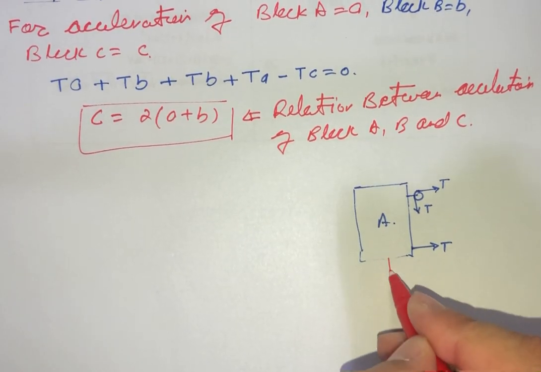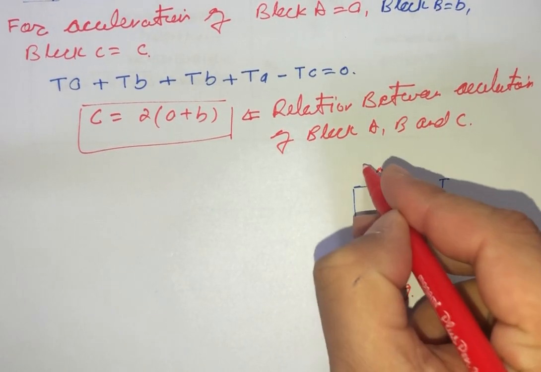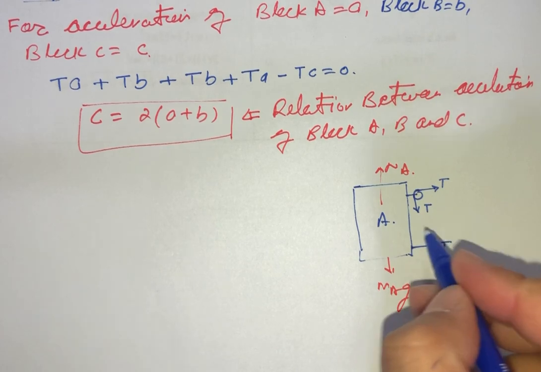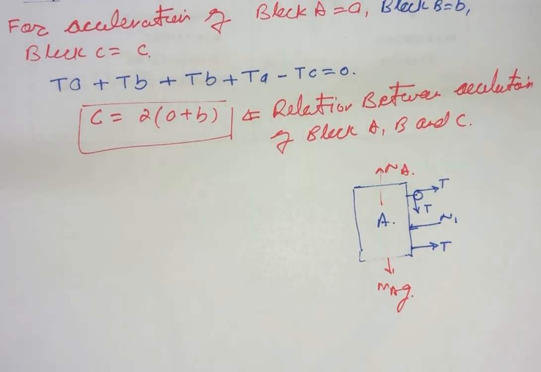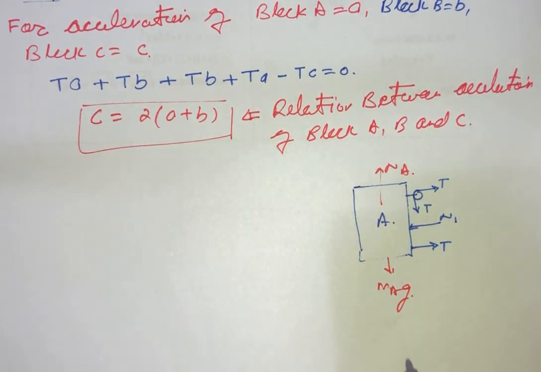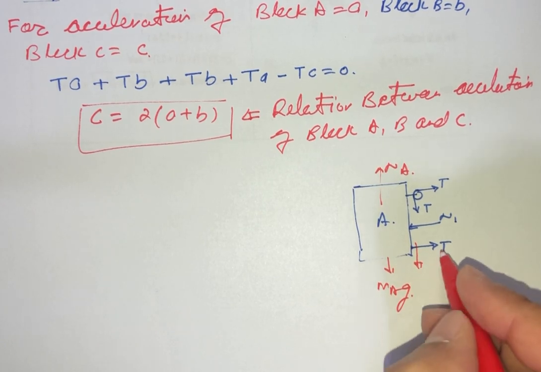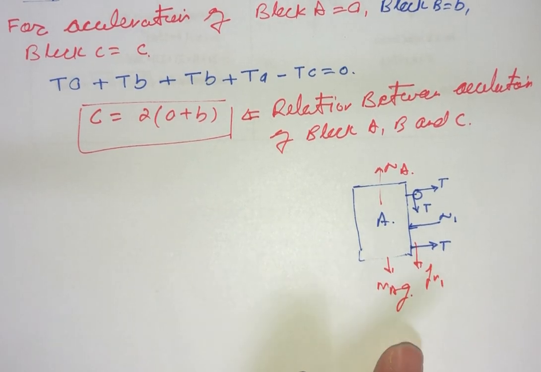In the downward direction we have MAG, and in the upward direction let us suppose there is normal NA. Because of the presence of block C which is touching A, there is a normal, let us suppose N1, and the friction between A and C is present as its coefficient is given mu1. So we can say there will be a friction, let us call this FR1. These are the forces acting on block A, so we can write the equations.